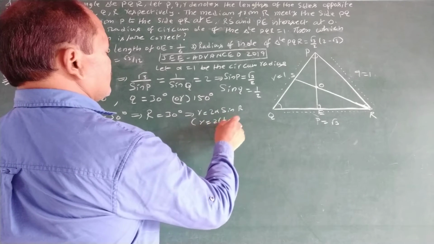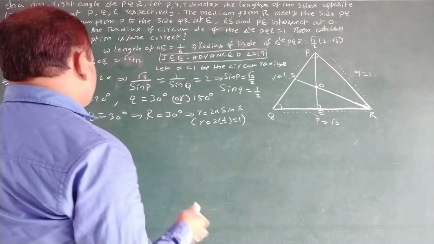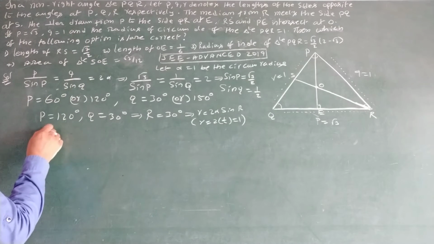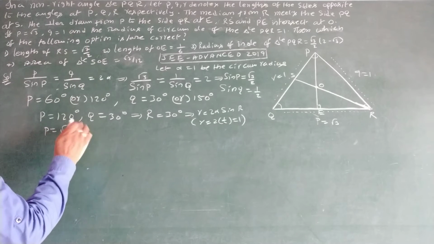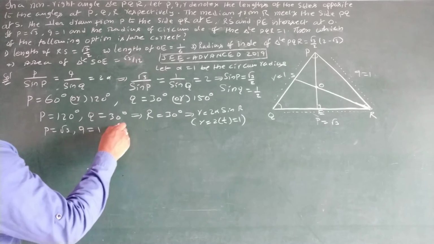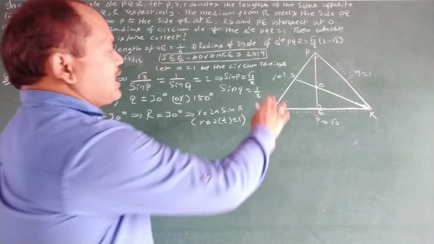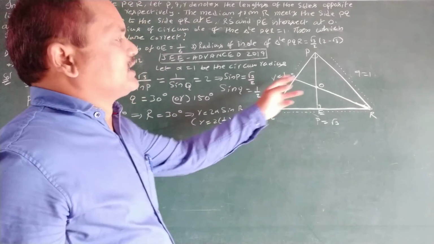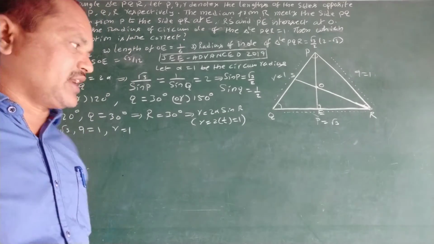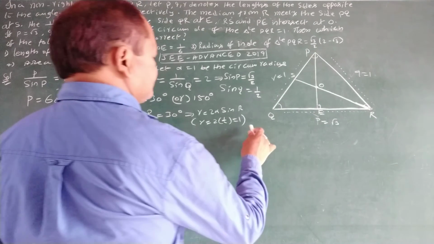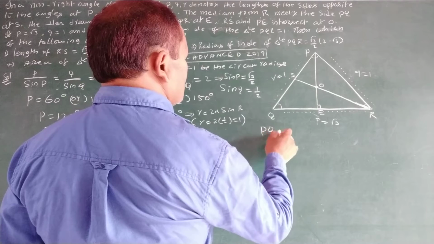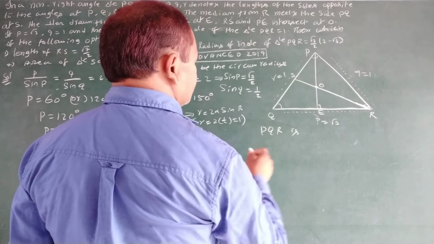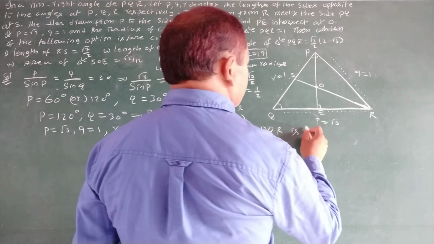So 2 into 1 by 2 is 1. So p is equal to root 3, small q is equal to 1, and small r is equal to 1. So it is an isosceles triangle. Therefore PQR is an isosceles triangle.